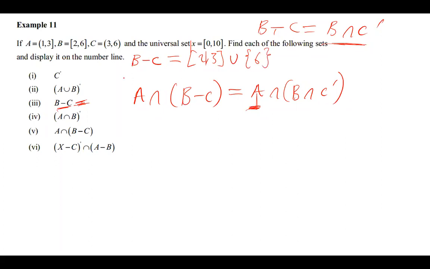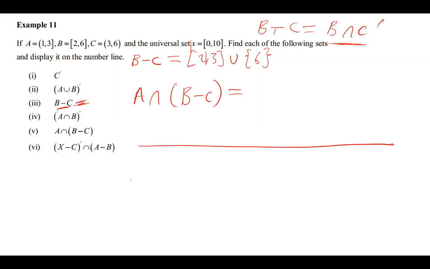All right. So let us now find the common elements between this same B minus C and A. So the set A that we have is there. Let us write them on the number line. This number line is not the final answer.